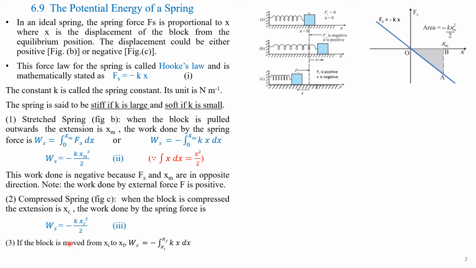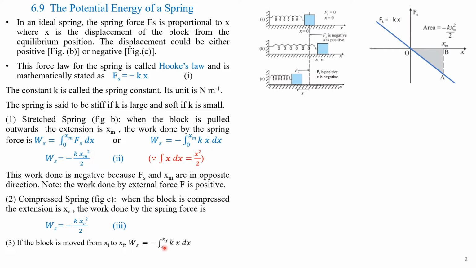In yet another case, case 3, if the block is moved from xi to xf, Ws is given by minus the integral from xi to xf of k x dx. This is also explained earlier.